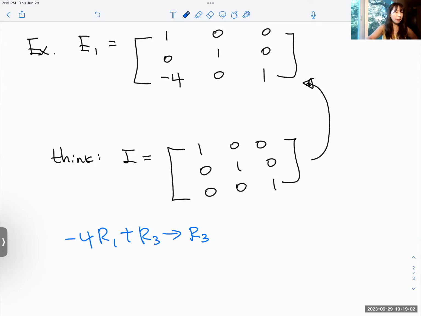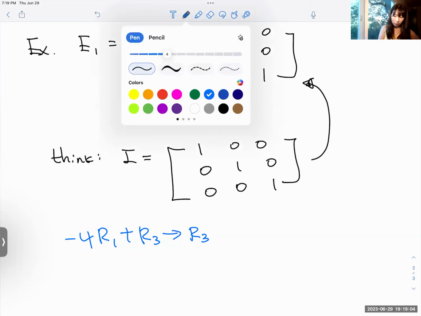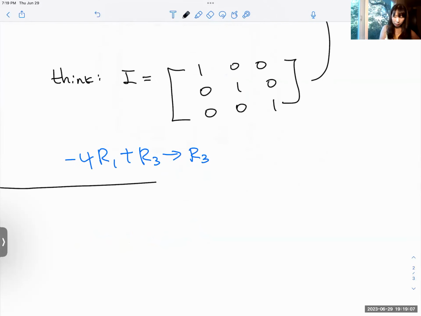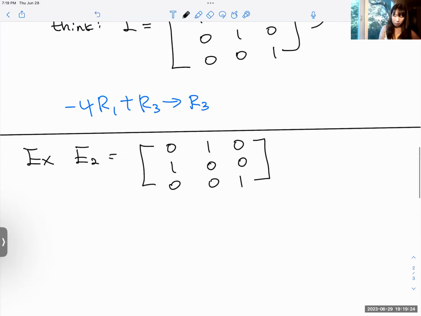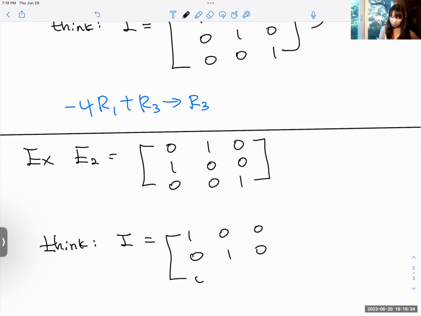Okay, how about this? We have 0, 1, 0, 1, 0, 0, 0, 0, 1. So we're gonna think from the identity matrix 1, 0, 0, 0, 1, 0, 0, 0, 1, right?